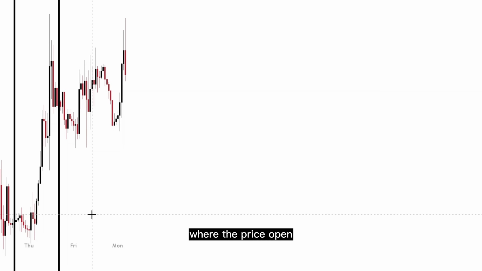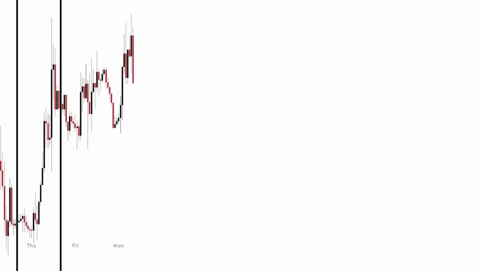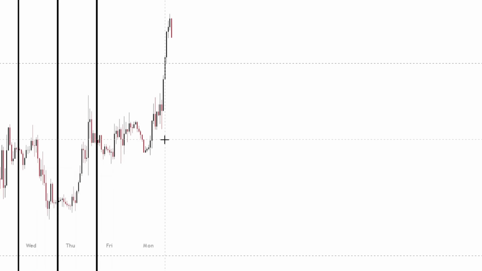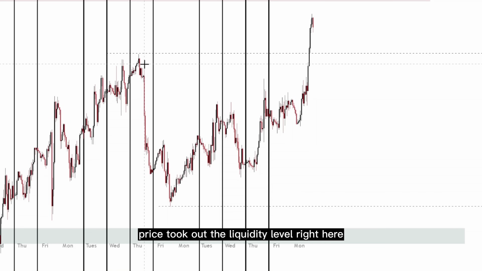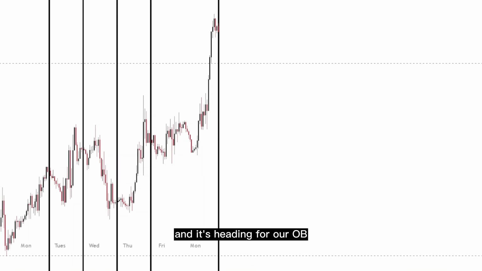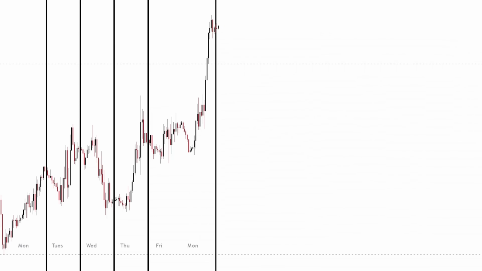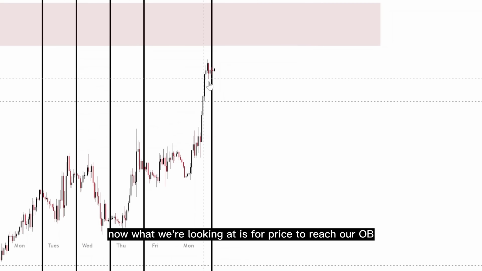Where the price opened, price took out the liquidity level right here, and it's heading for our OB. So now Monday passed. Now what we're looking at is for price to reach our OB on Tuesday.